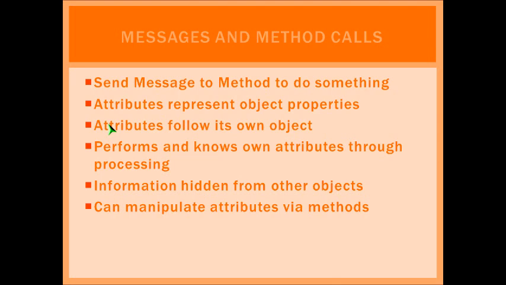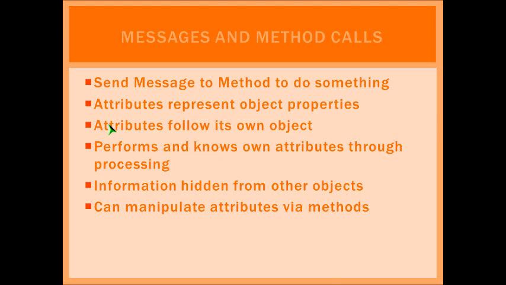And likewise, in programming, when you create an object such as an aircraft, that object's properties will follow it wherever it goes in your program. However, its information will be hidden from the other objects. So it will know its own internal functionalities, but other objects won't know about it.